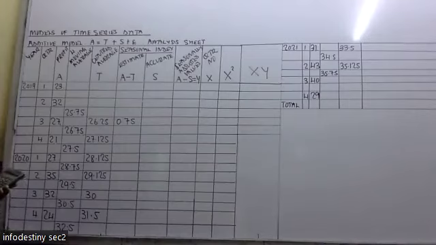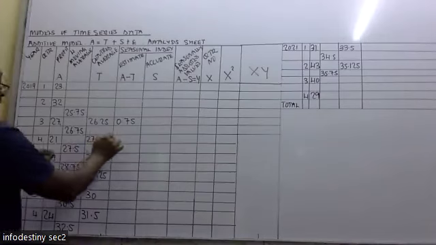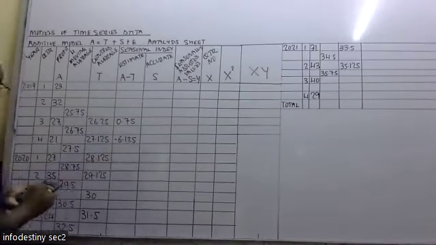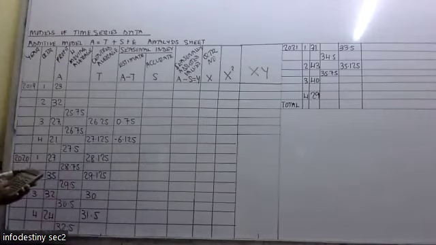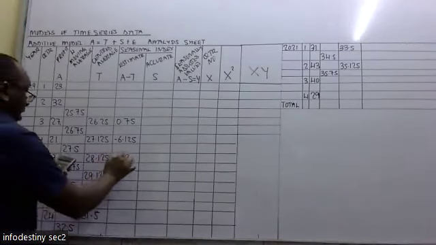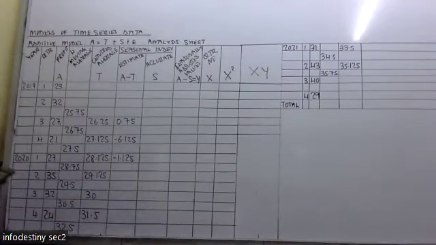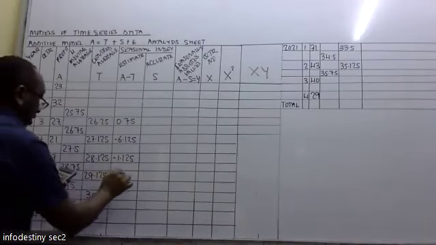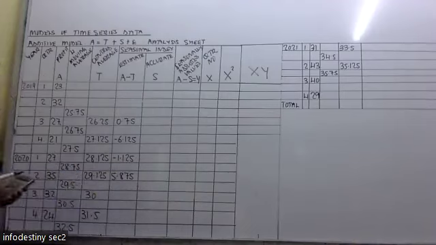21 minus 27.125 is negative 6.125. 27 minus 28.125 is negative 1.125. 35 minus 29.125 is 5.875.